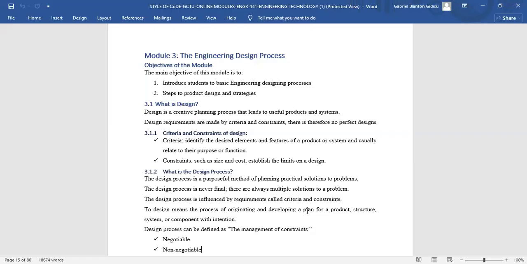The design process is never final. There are always multiple solutions to a problem. This is another problem we have in Ghana. Once we come up with a product, we are quick to make noise about it. Oh, this company has produced this, without considering whether that is the best or not.